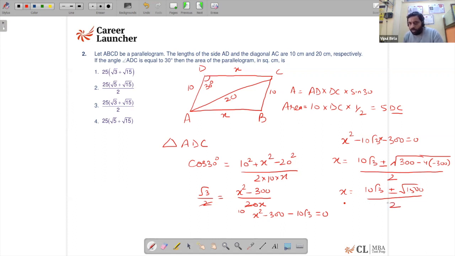Now we will not take the minus because that will give me the side as negative, which is not possible. So therefore x is coming out to be nothing but 10 root 3 plus, now root 1500 can be written as 10 root 15, upon 2, which is equal to 5 times root 3 plus root 15. Now that is the value of x, which is actually AD, sorry, which is DC.